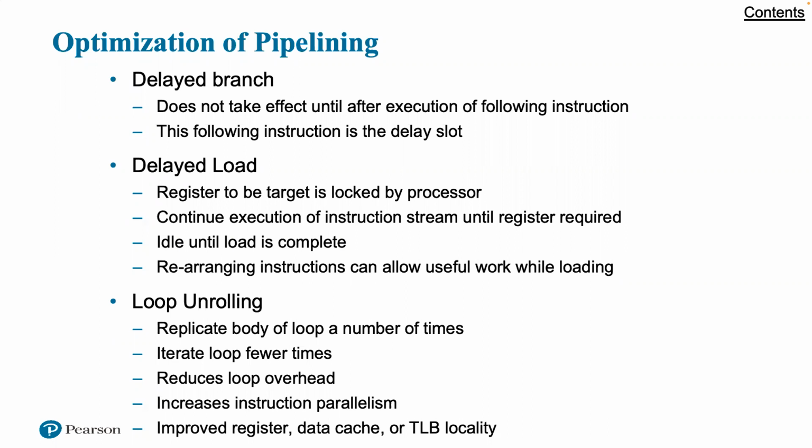However, we have seen that data and branch dependencies reduce the overall execution rate. To compensate for these dependencies, code reorganization techniques have been developed. So we have delayed branch, delayed load, and loop unrolling. You can pause the video if you want and go through these in more detail.